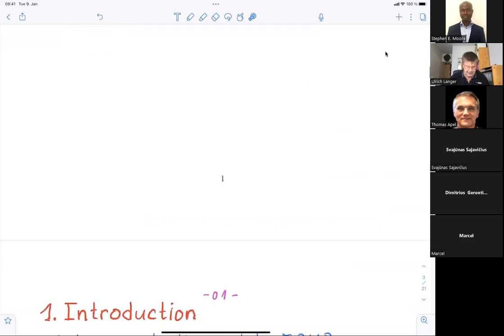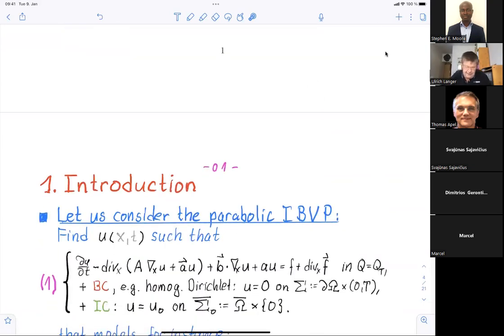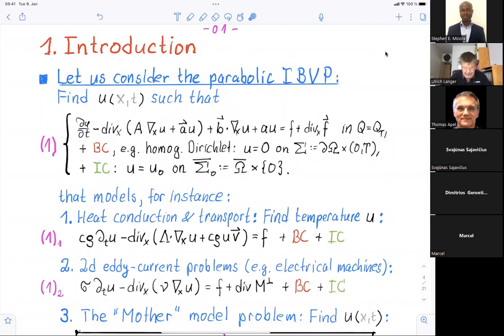So let me start with an introduction. Let's consider a parabolic initial boundary value problem, a linear parabolic PDE that I can write in this form. You have one time derivative, and you have an elliptic part, a diffusion part, a convection part, a reaction part.